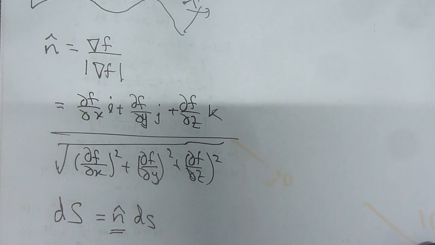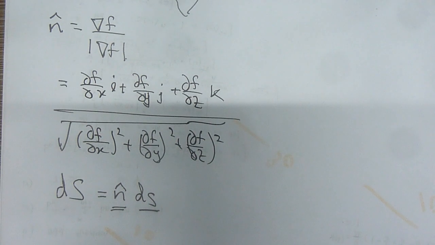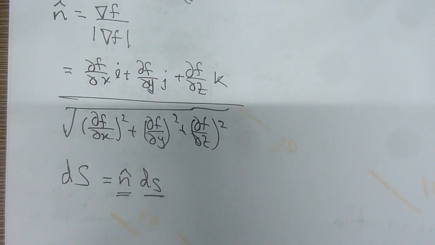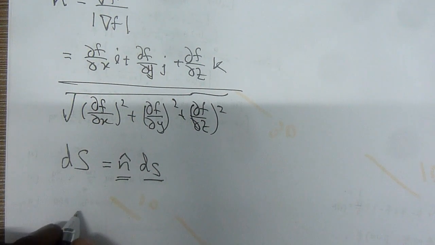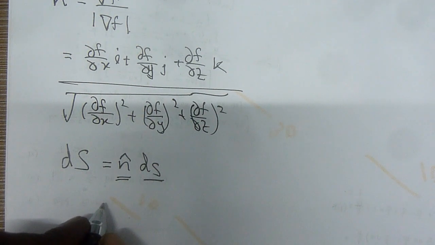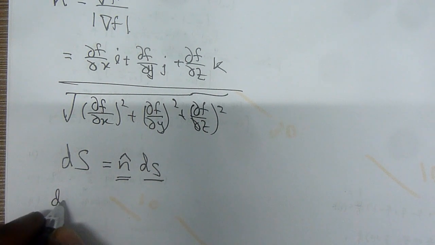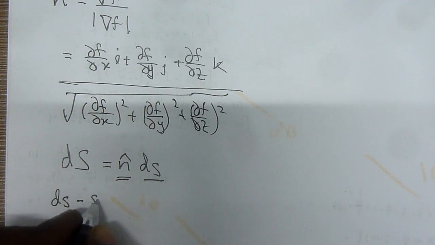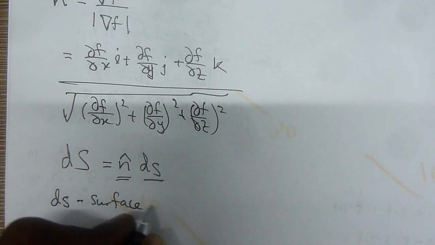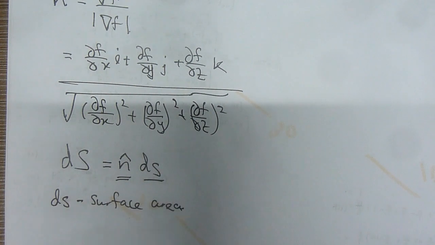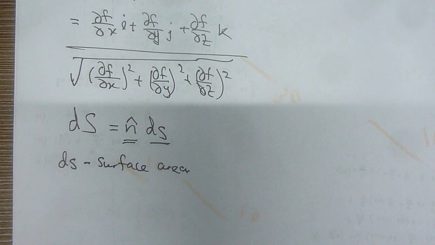Now we're going to analyze this as small s, and a combination of this later becomes a big dS. Now we're going to analyze the small dS. The small dS is a surface area. There are two types of surface area we're going to analyze.